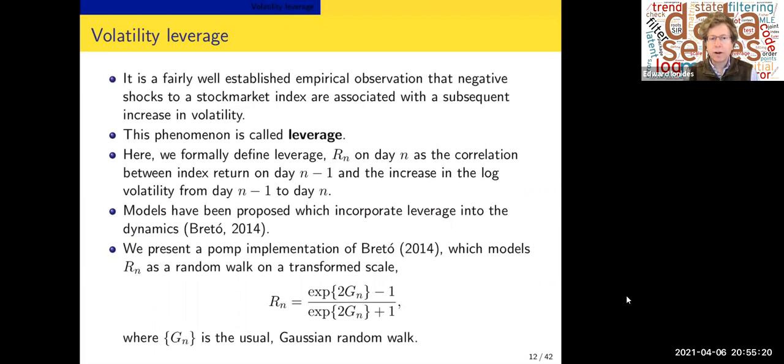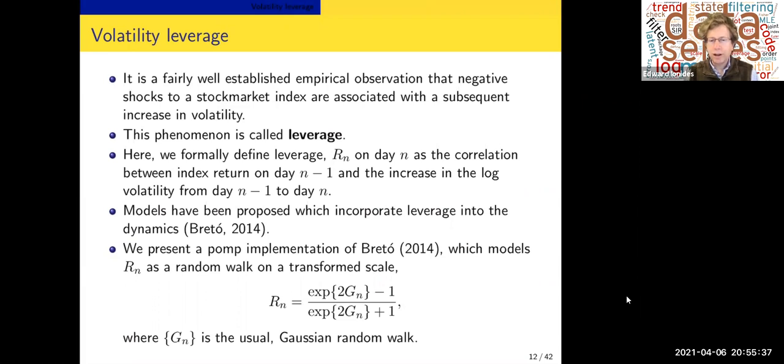about that. Models have been proposed which incorporate leverage into the dynamics via a kind of stochastic volatility framework, and we're going to use the model developed by Bretó 2014.